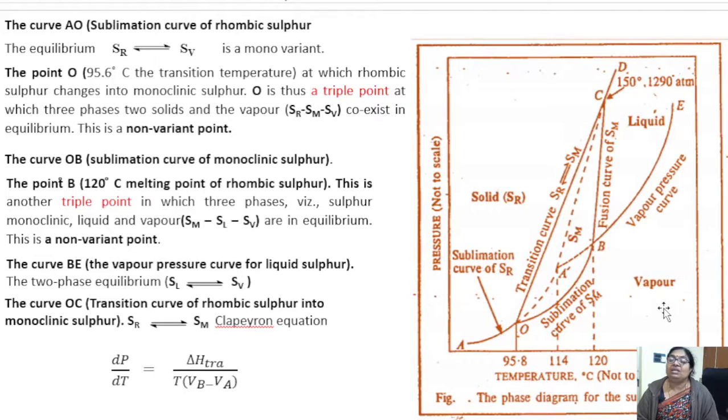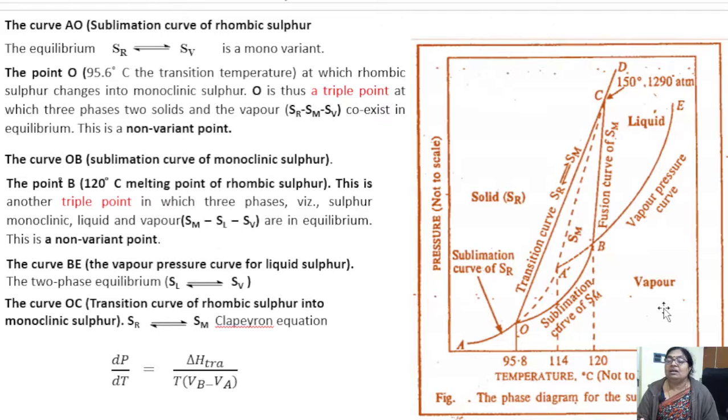Like that, between 144.7 and 150 degrees centigrade, if we increase the pressure, we observe the fusion curve of monoclinic sulfur appear, up to 150.